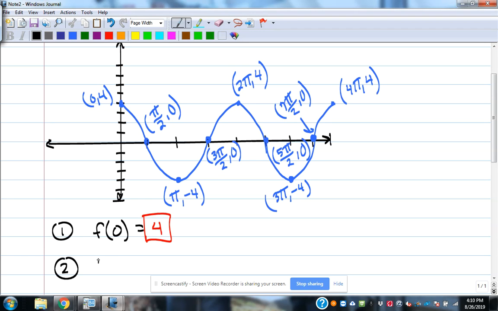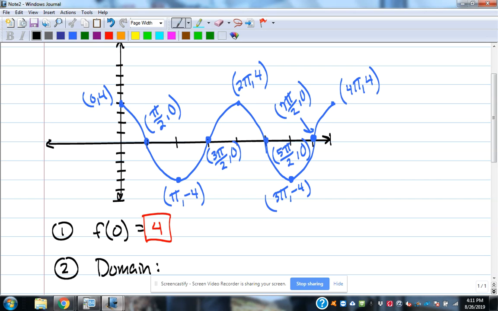Next question, what's the domain of this picture? What does domain even mean? Domain deals with what values? The x values. So what x values are being used by the curvy blue line that's been drawn?